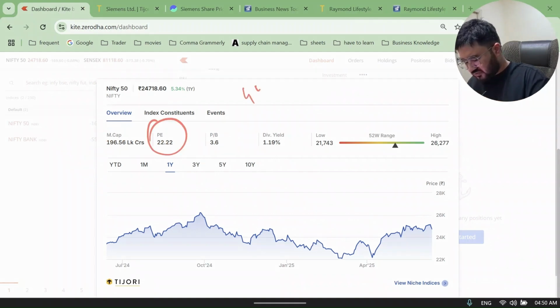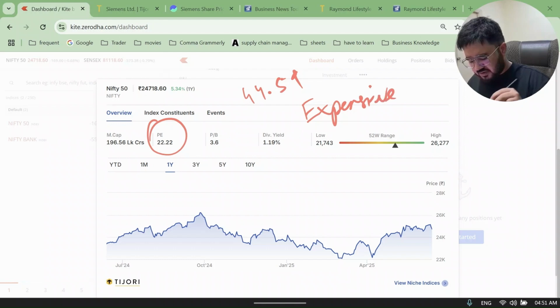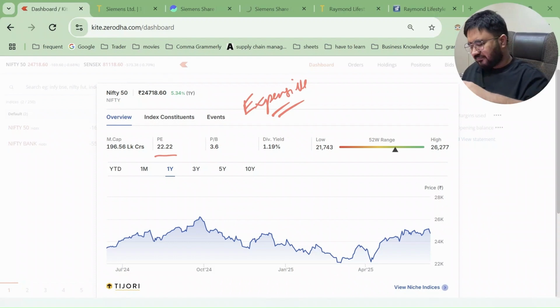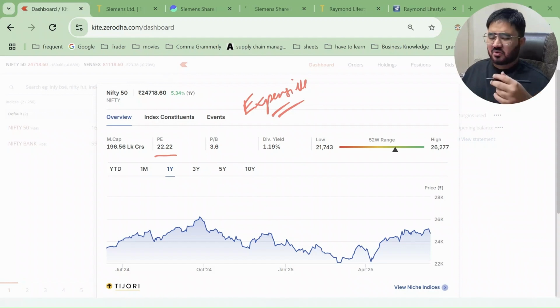So at 44.59, it is expensive. So it has various interpretations, and you have to just go with your theory and your interpretation of it.